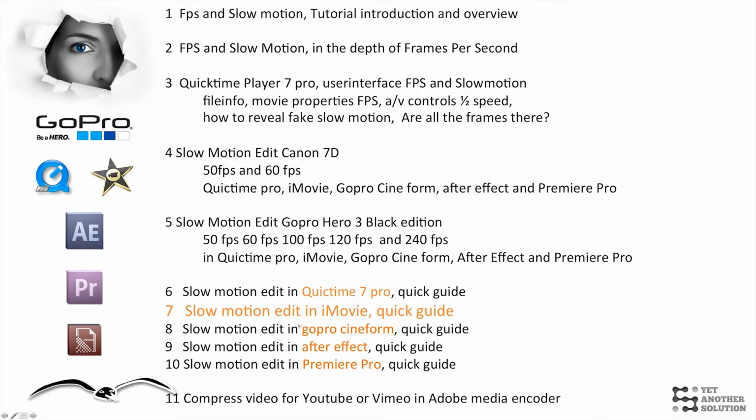So this was tutorial number 7. If you want more information about frames per second, I really recommend tutorial number 2. I also recommend tutorial number 3, because there we go more deeply into the QuickTime Player. QuickTime Player Pro is really nice to have together with your editor, because it's a really fast way to have a look at your source file.